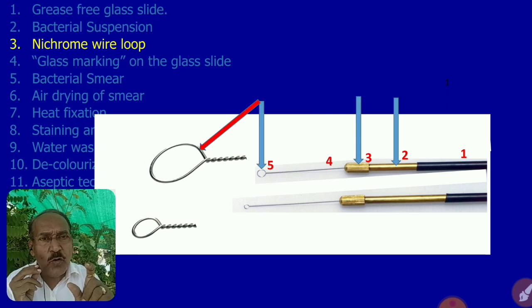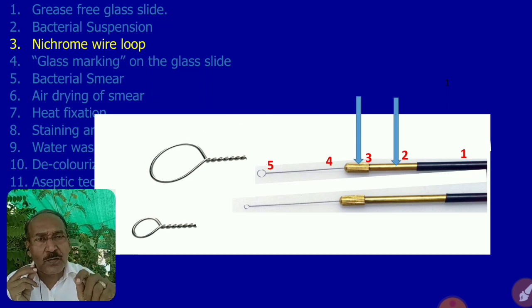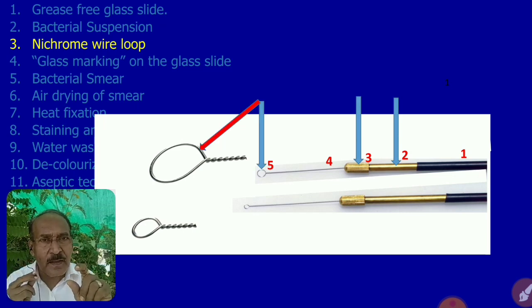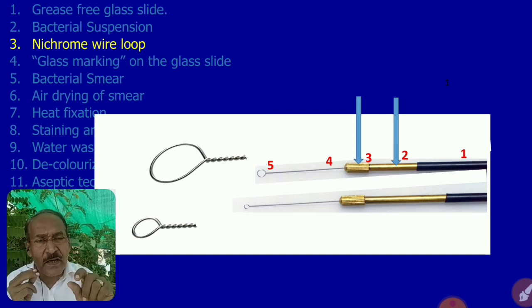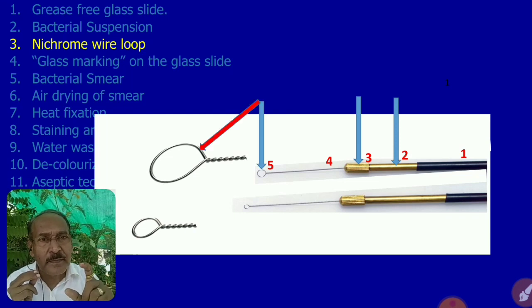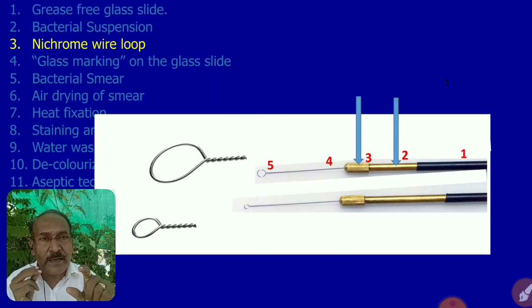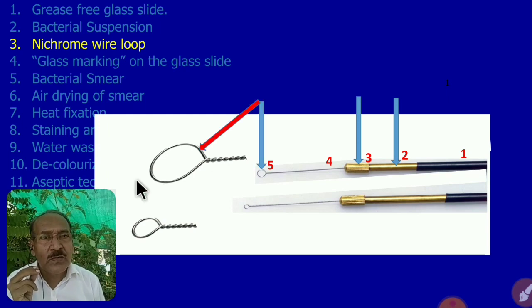So this nichrome wire loop is made hot and then cooled also, because hot wire loops you cannot use directly to touch bacterial preparations because cells will be killed by heat. So they should be cooled enough. So heating and cooling time should be minimum. Nichrome is a kind of an alloy which heats quickly and cools also quickly. That's why this nichrome is selected for microbiological practicals.